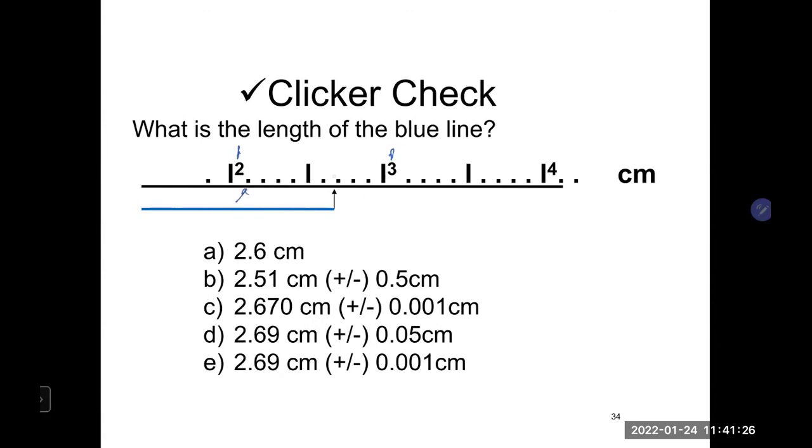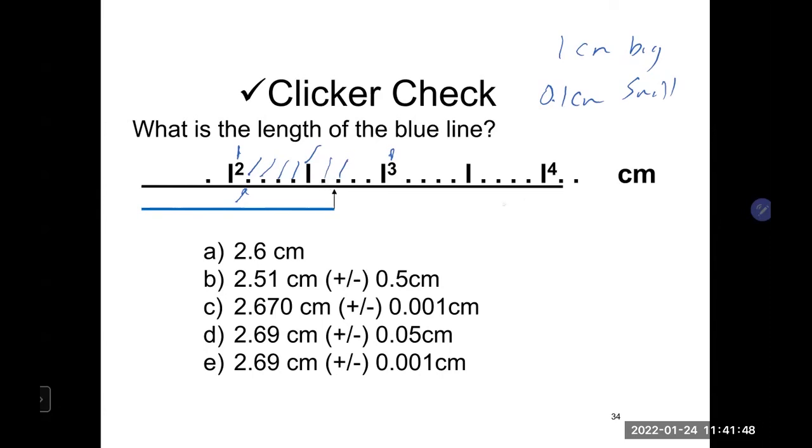And the difference between 2 and 3 is 1 centimeter, which is the big markings. The small markings would then represent 0.1 centimeters, which means this would be 2.1, 2.2, 2.3, 2.4, 2.5, 2.6, and 2.7. So we'll use the arrow there as a guide.